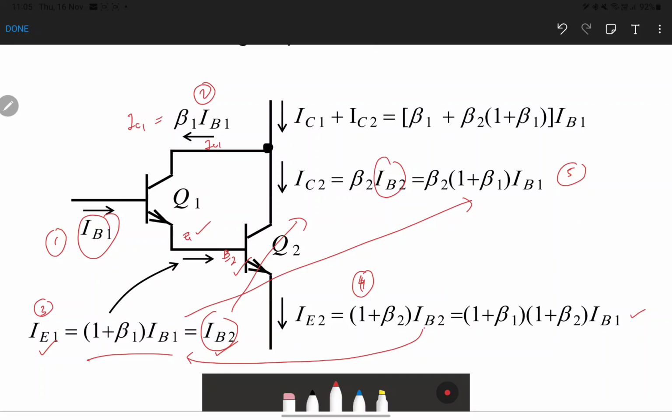Like I said, these two collectors meet at the same junction, so the total IC equals IC1 plus IC2. By adding up the formulas that we already have, we find the IC total equals beta 1 plus beta 2 times 1 plus beta 1, times IB1.